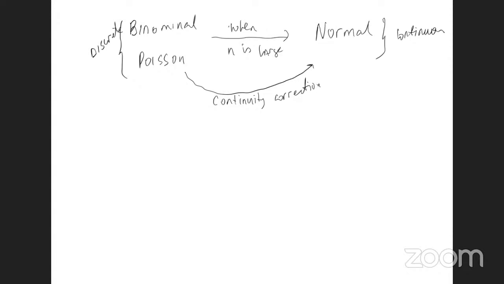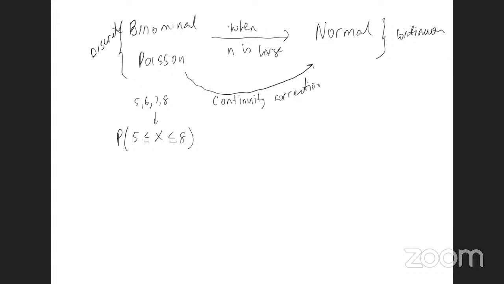So let's say we had to apply continuity correction here. Suppose I ask for a probability of 5 is less than or equal to x is less than or equal to 8. What I want you to remember is that the values of x are 5, 6, 7, 8.